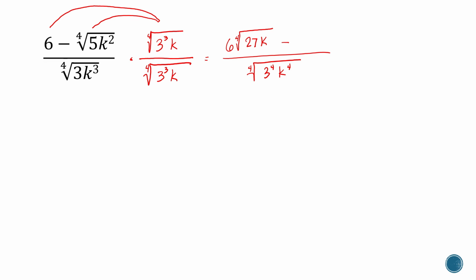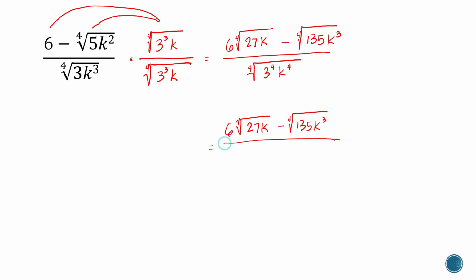That's 27 times 5, which is 135. So the fourth root of 135k raised to 3. So the final answer is going to be 6 times the fourth root of 27k minus the fourth root of 135k raised to 3, all over 3k.